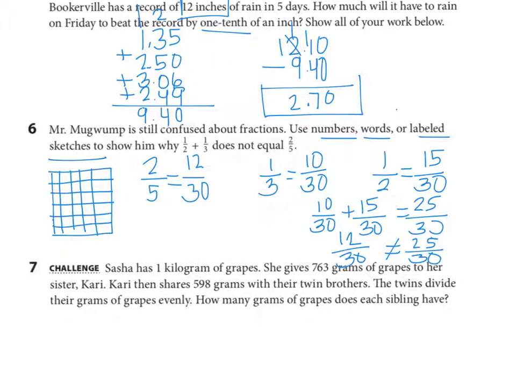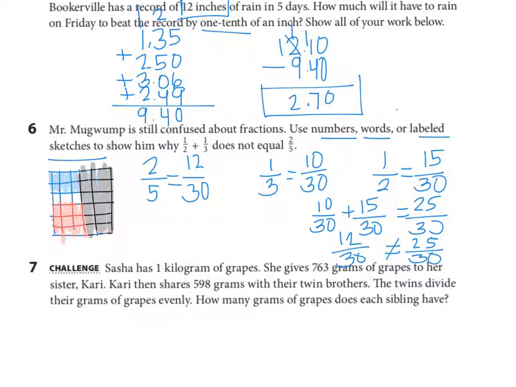And then you can draw in and compare 1/3 plus 1/2 and compare that to if you had 2/5. And so is the blue and the red together the same as the black color?